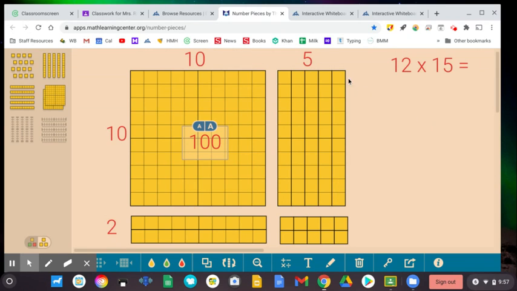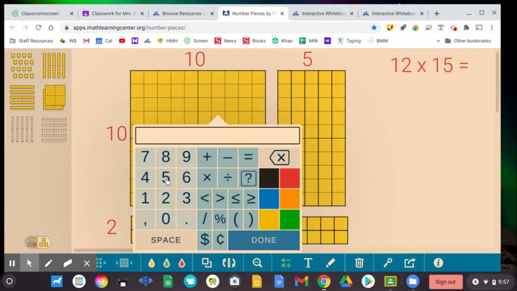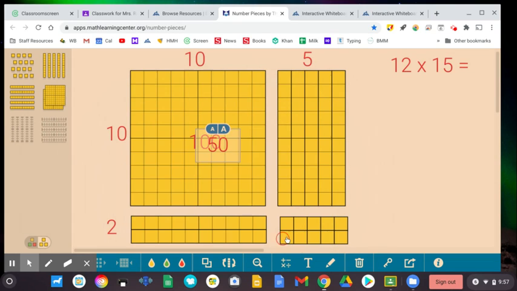I don't need to write 10 right here because I have 10 on the other side. And I know that in a property of a rectangle, however long this side is, that's how long this side is. So I don't need to count that. I just know that this array is 5 times 10, which is 50. So we'll move that into this array.